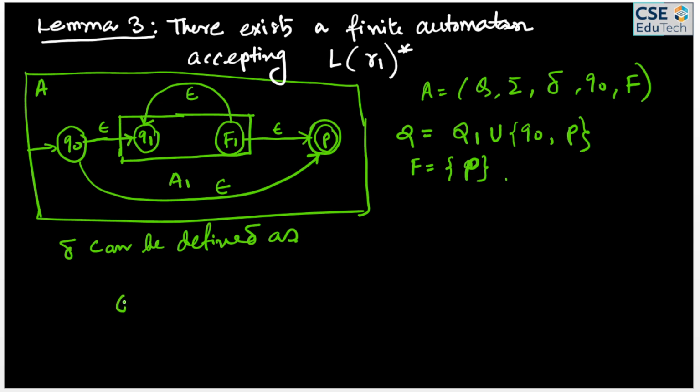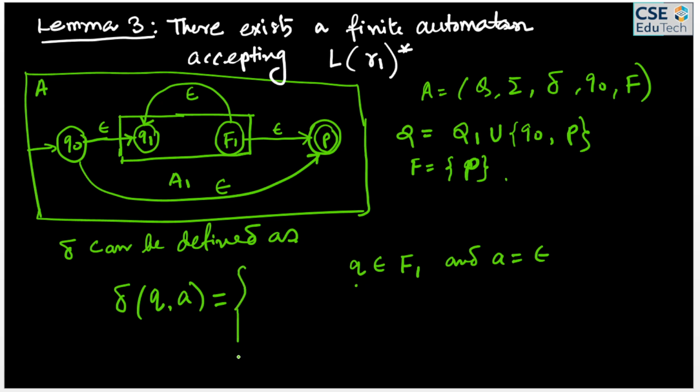Delta from any state Q by taking a symbol A from the alphabet: if this Q belongs to the state F1, that means one of the states of F1, and your input A equals epsilon, then where can you go?